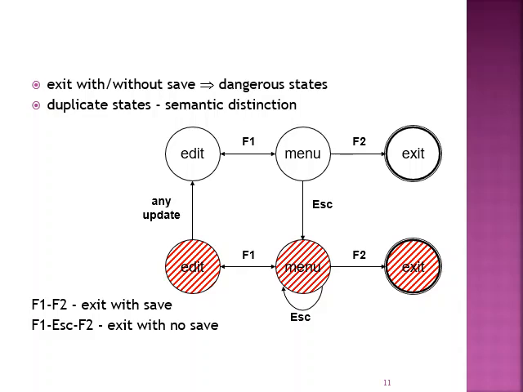In order to expose this behavior, the diagram is redrawn with the states duplicated to differentiate exit with and without save. In this, the dangerous states have been shown in red color. Avoiding or properly taking care of the dangerous states in a design is likely to improve user satisfaction, potentially affecting the usability.